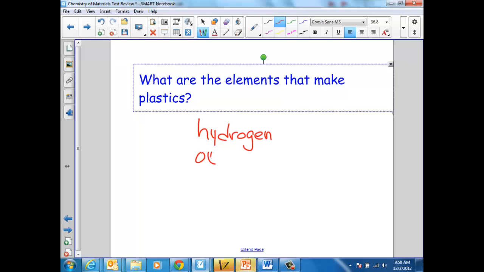Oxygen, yeah. Remember the last one? Carbon. Hydrogen, oxygen, and carbon. Those are the three elements that make up polymers. Now they can have other things added to them, but those are the base ones. Okay? Questions about that?